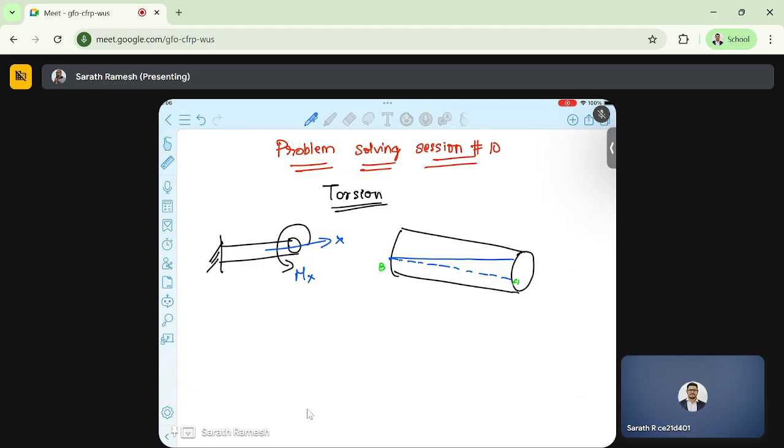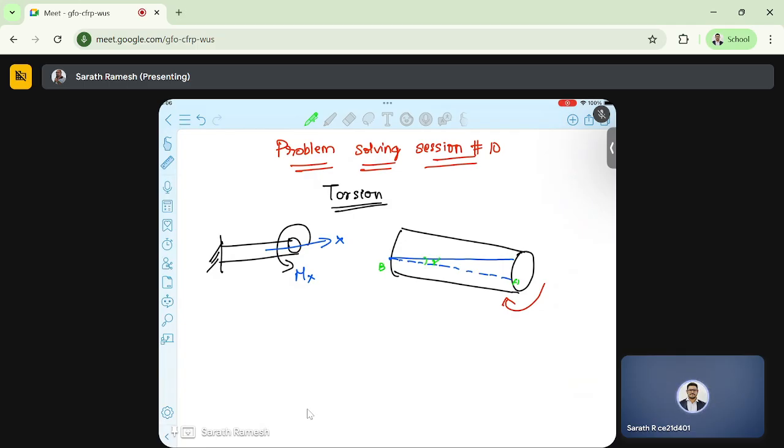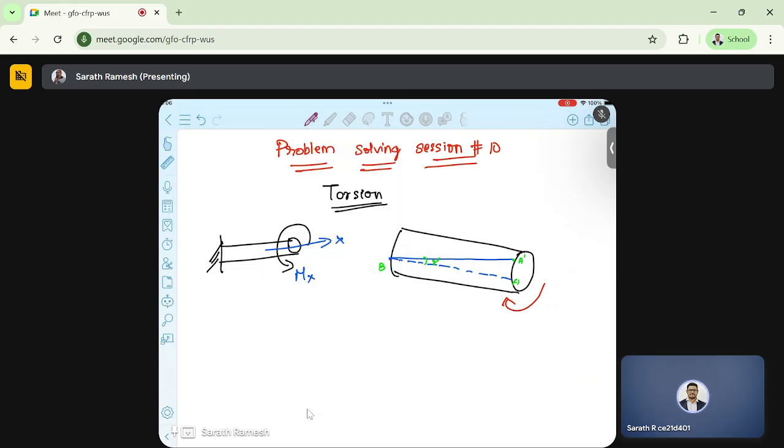I am applying a twist here, so it is rotating. This straight line remains a straight line, so that is the assumption. So it won't warp. This is shear strain gamma, and now A moved to A dash, this is the center of the section, this angle is some phi, and this is the radius, say rho.